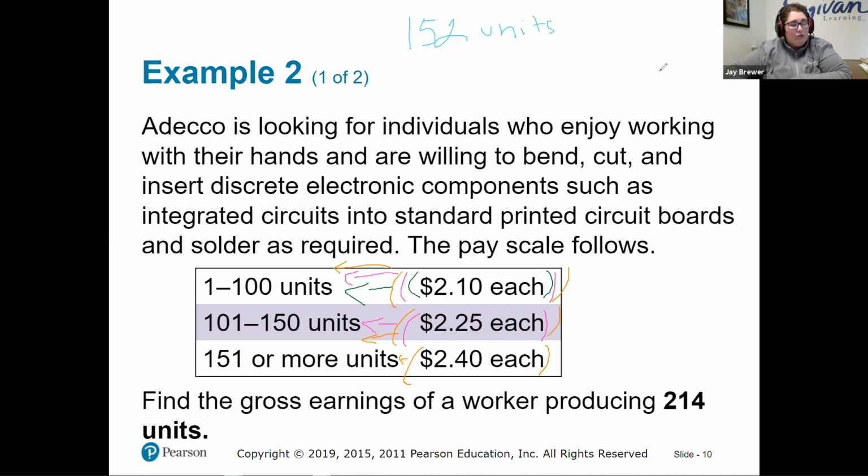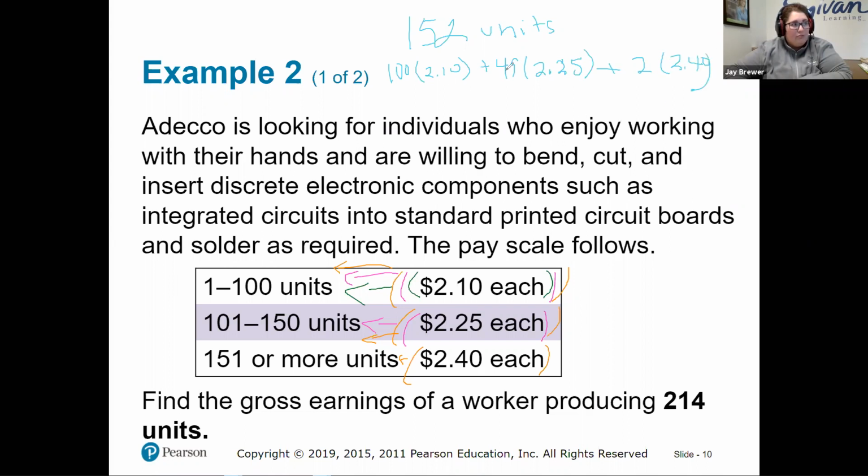To figure out your earnings for that day, it's going to be 100 times 2.10, plus, what is that, 49 times 2.25, plus 2 times 2.40.